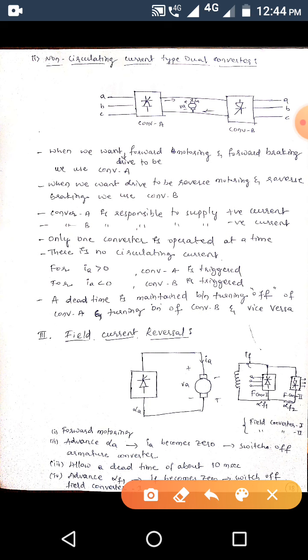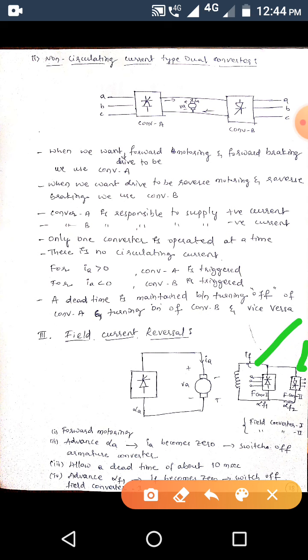Let us consider converter 1 and converter 2 here. Converter 1 is in the forward direction, converter 2 is in the reverse direction. I call them field converter 1 and field converter 2.